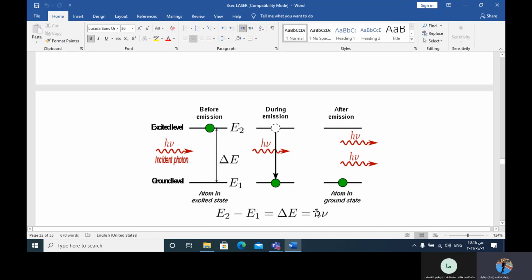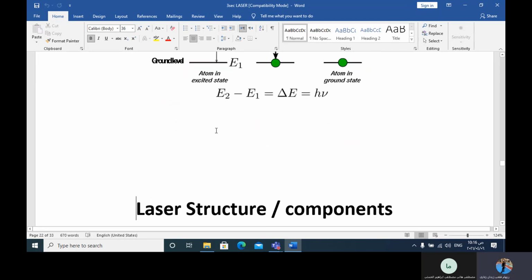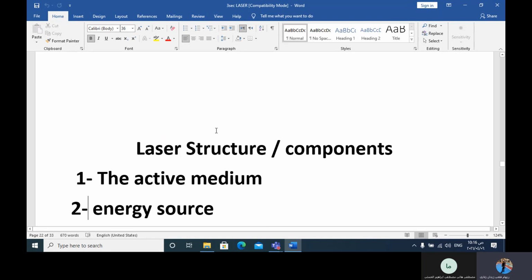This is the same energy carried by the coming photons, and when these photons hit the atom at excited state, they will force it to go back to the ground state, and a photon will be released. This is the stimulated emission. As you see here, this has to be done by the two reflecting mirrors.